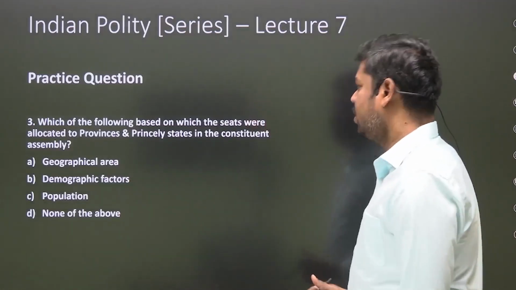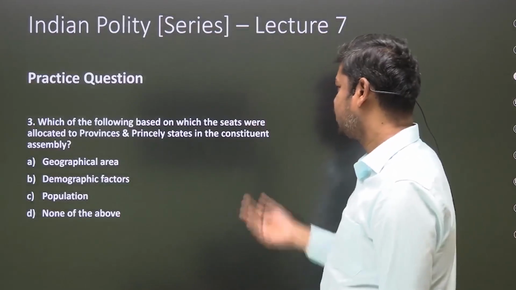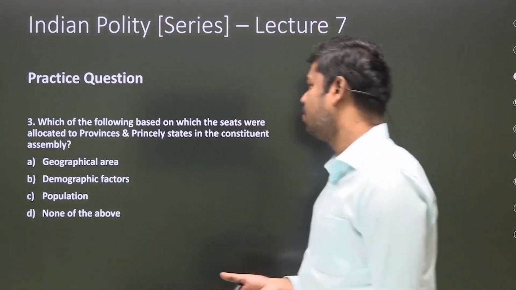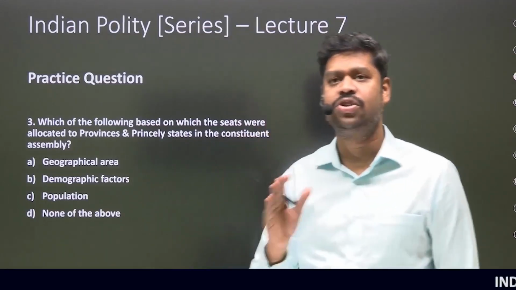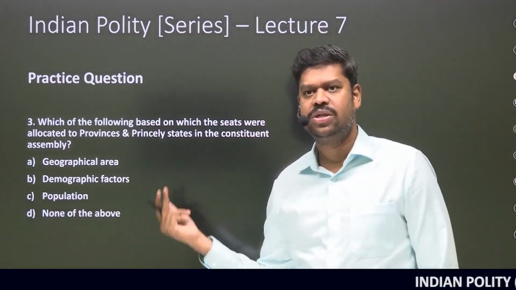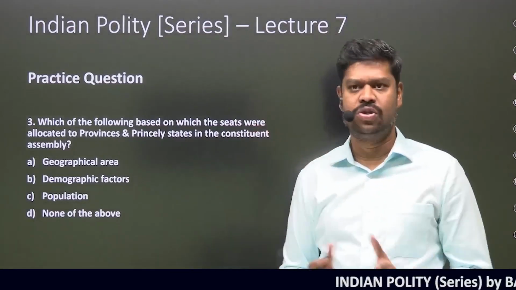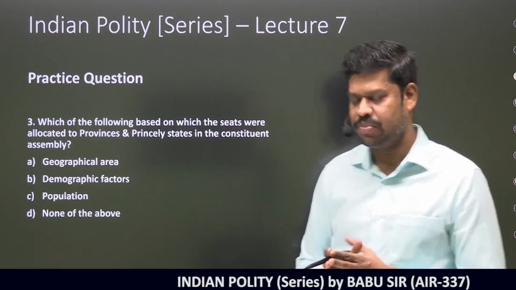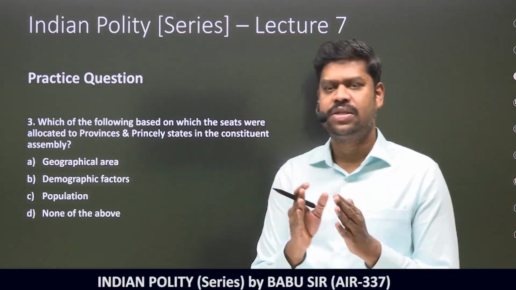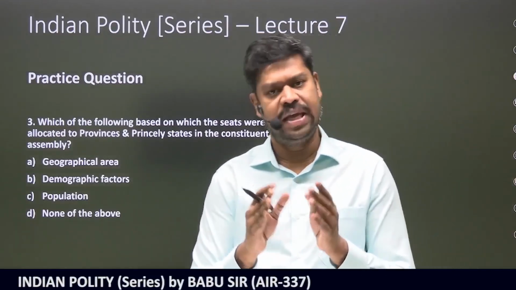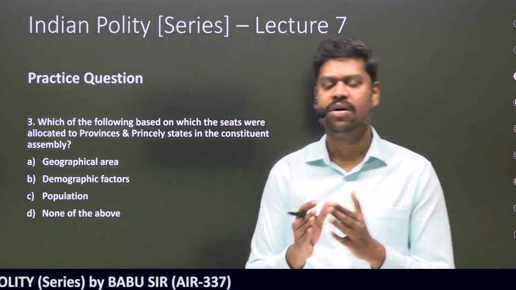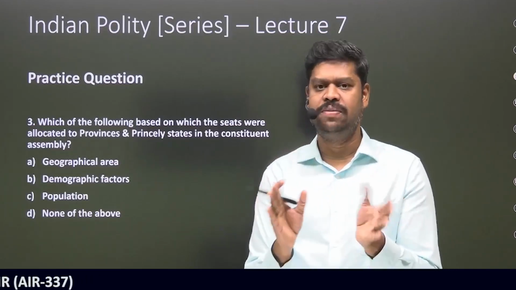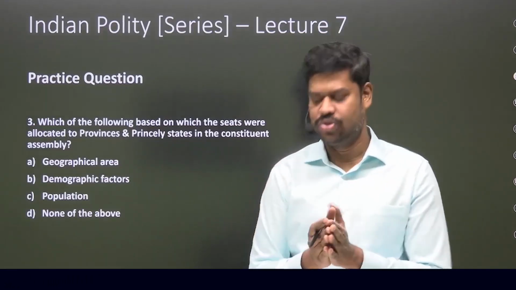Which of the following is the basis on which the seats were allocated to the provinces and princely states in the Constituent Assembly? So this question is basically from the design of the Constituent Assembly. We have already clearly seen what the design of the Constituent Assembly is. In fact, the Constituent Assembly in India was established based on the Cabinet Mission Plan, and by June 1946 the design was ready and the Constituent Assembly was also established.